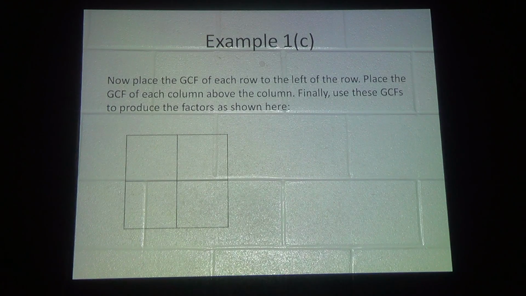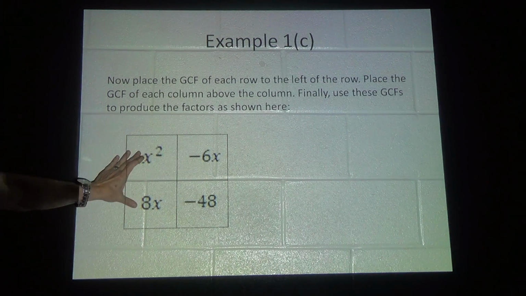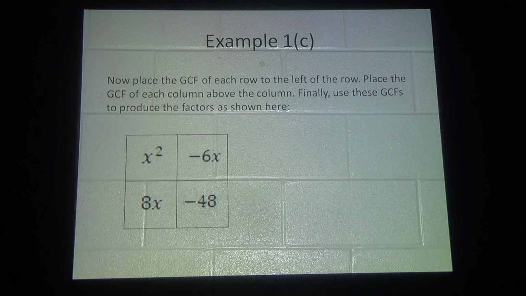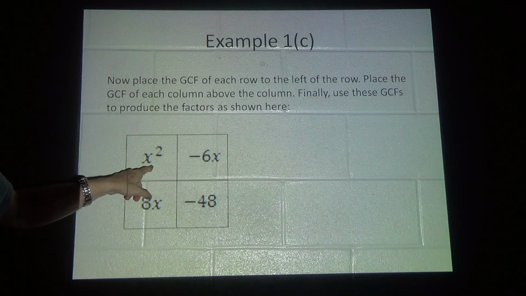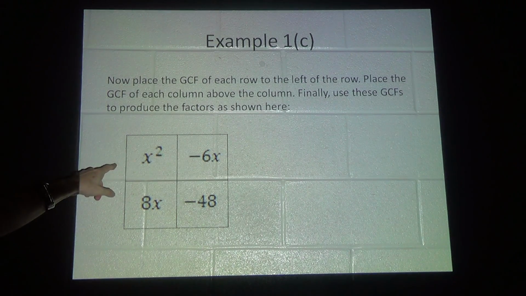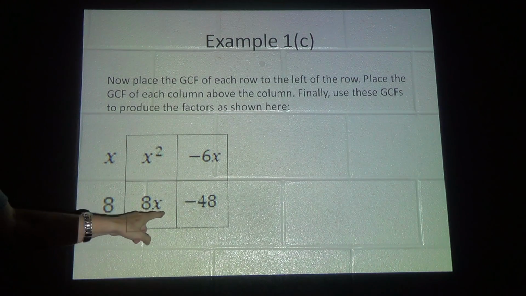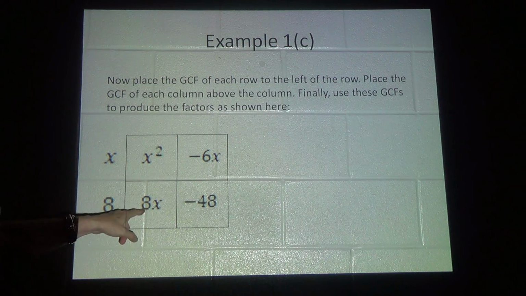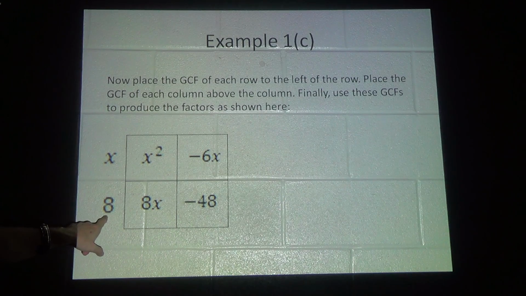Let's look at example 1c. This shows how to go ahead and figure this out. We start out with our entries in our table here, or our box, whatever we want to call it. Now what we're going to do is find the GCF of each row. So these are the rows. The greatest common factor of this is x, so we put an x here. The greatest common factor of these two is 8, so we put the 8 over here.